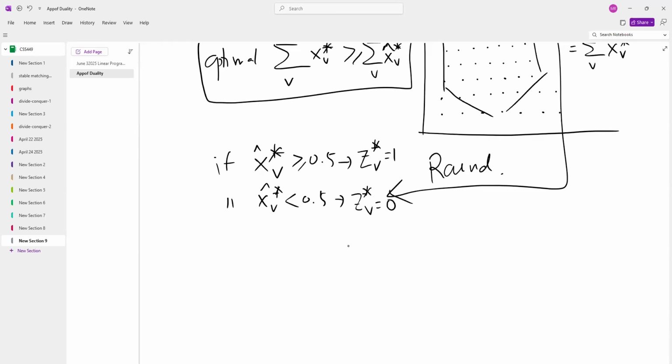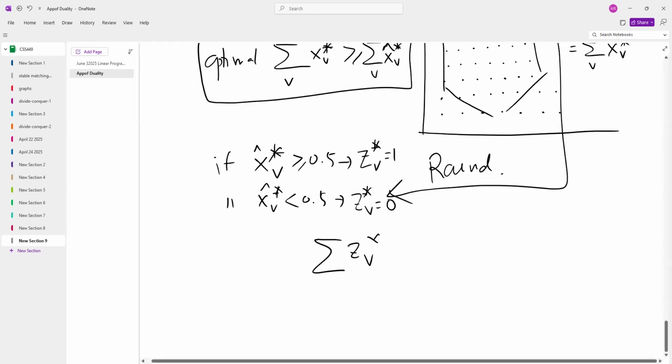Now I need to basically compare the sum of these things. So what do we have so far? I have that the LP is more optimal than my ILP.